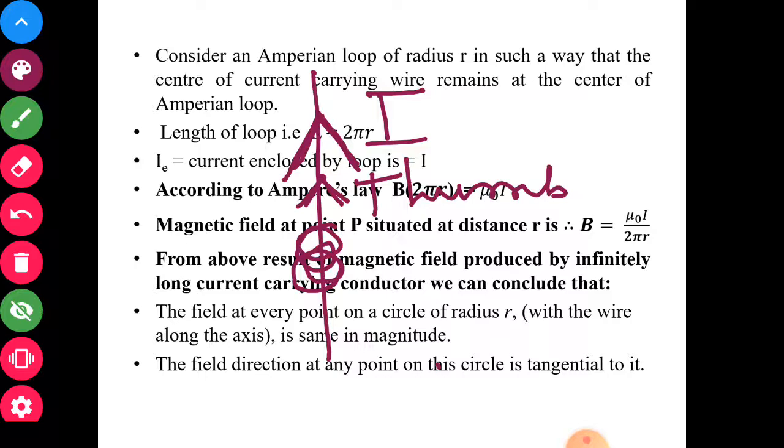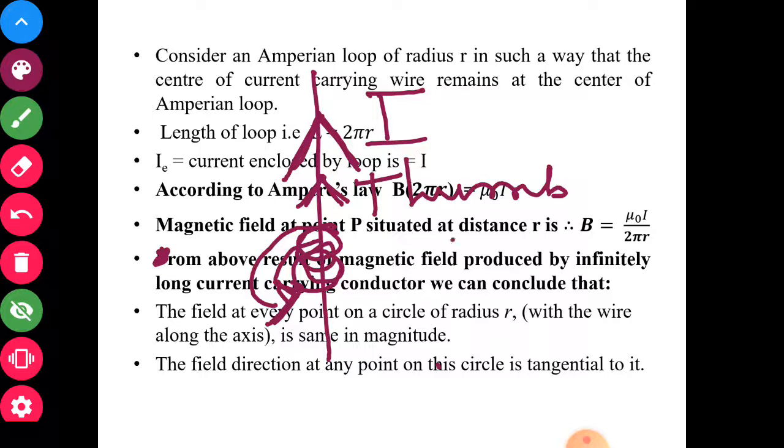Because your thumb has to remain in the upward direction, the fingers are curled in this direction. So if you consider the point here, then the magnetic field would be coming out, in the direction of the fingers, that is, coming out of the screen.